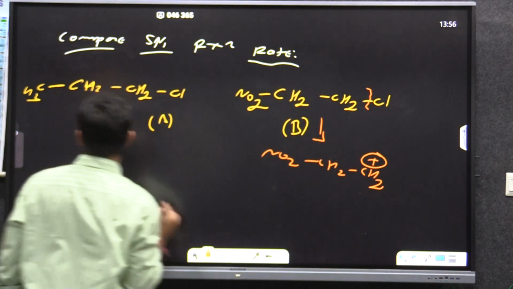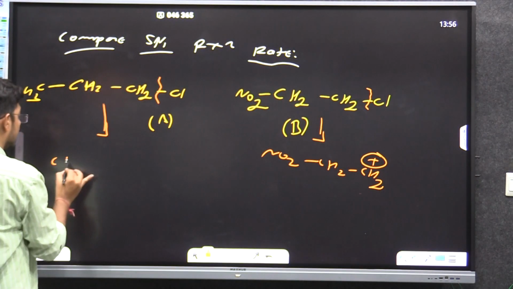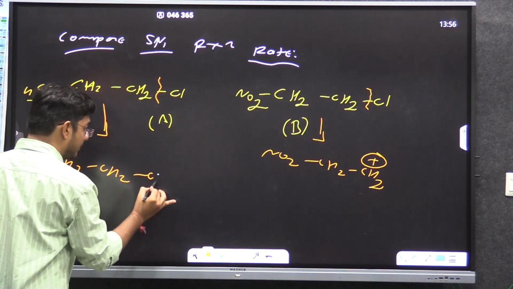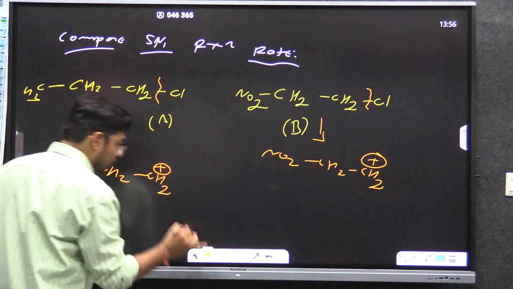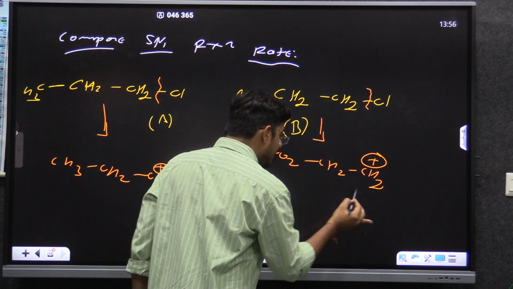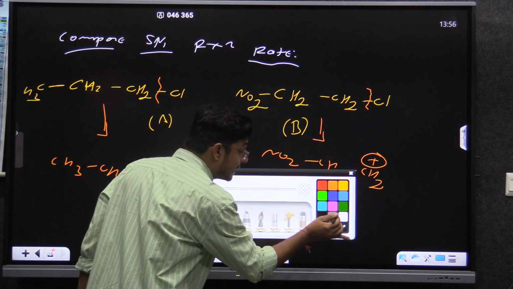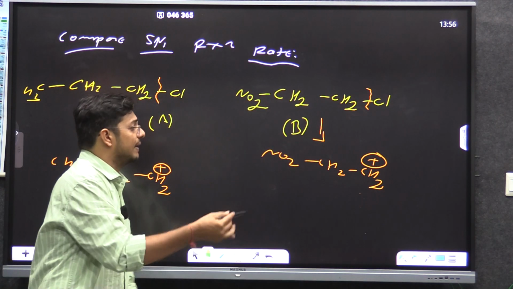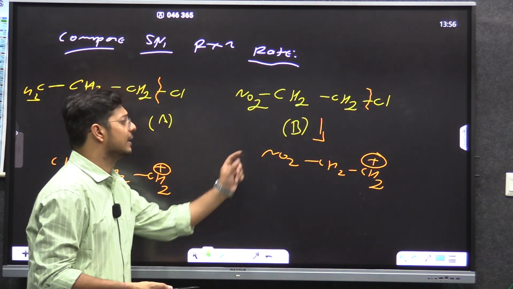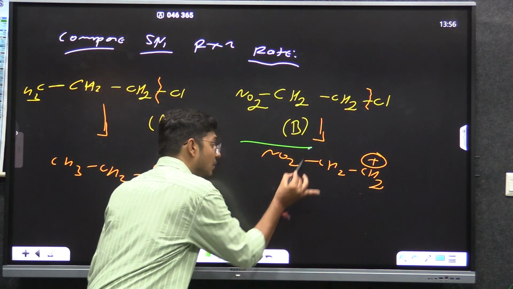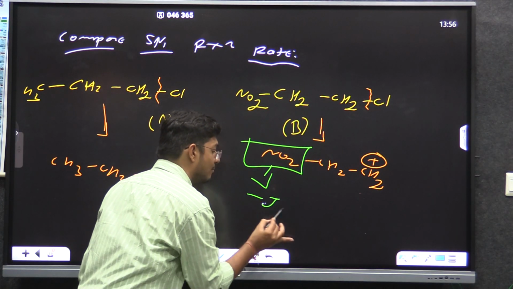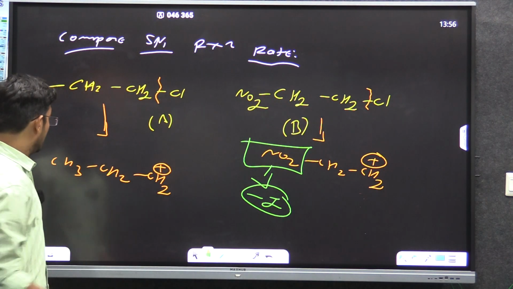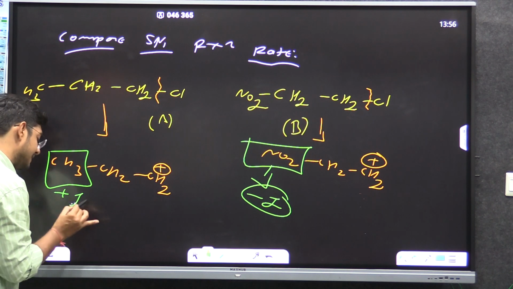This is the carbocation we get when we break it. As we know, any factor which increases the stability of the carbocation will favor the reaction. NO2 behaves with a minus I effect here, and this methyl behaves with a plus I effect.